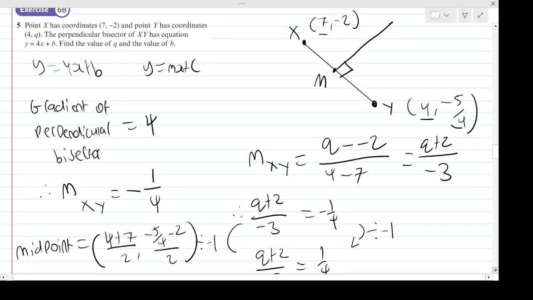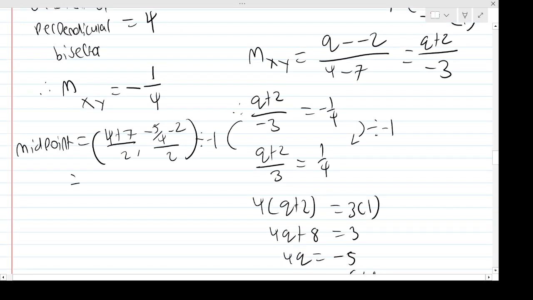Then we can work that out and simplify it. So we get 4 plus 7 over 2 is 11 over 2, and then minus 5 over 4 minus 2 all over 2 is best done on a calculator, and it gets me minus 13 over 8. Okay, so that's my midpoint.